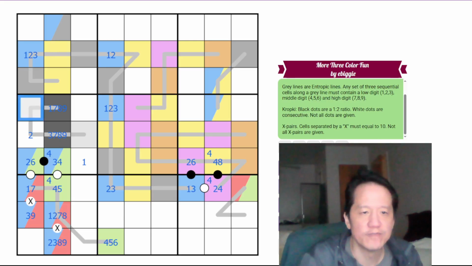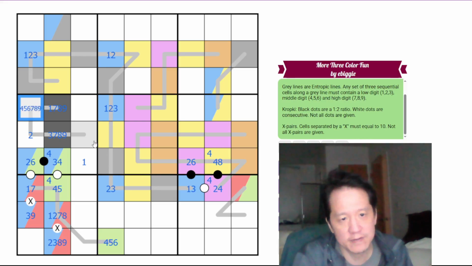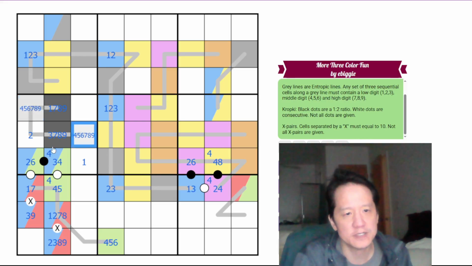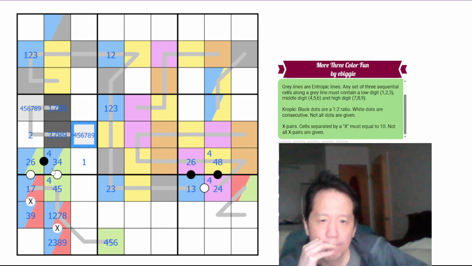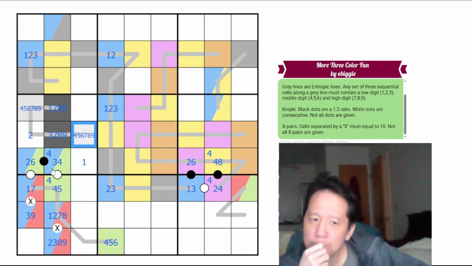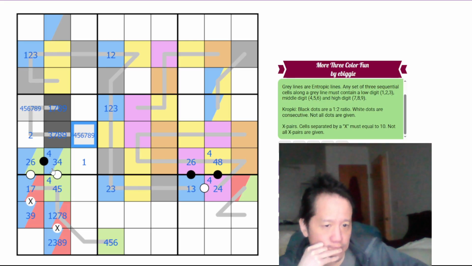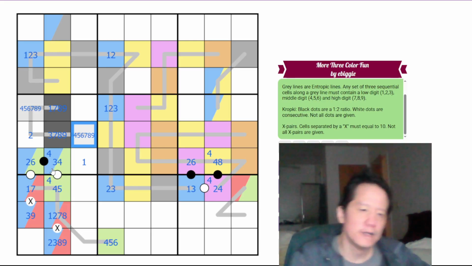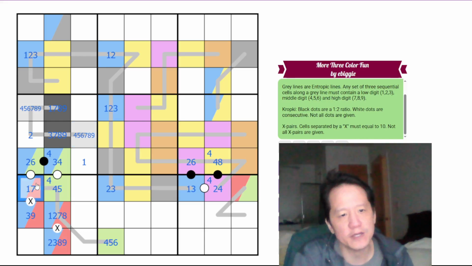Well, these have to be 4, 5, 6, 7, 8, 9. But that doesn't really tell us much. Oh, this would... Okay, so, again, if this is 1 and 2, this has to be 3.